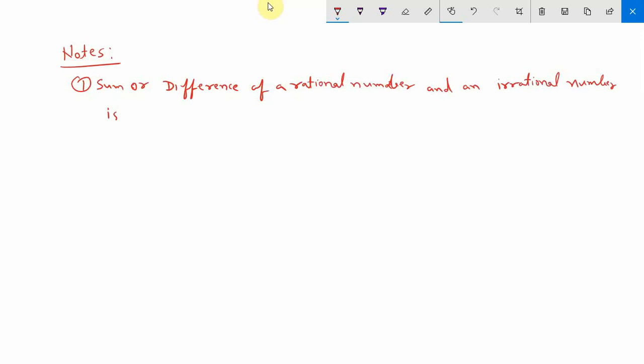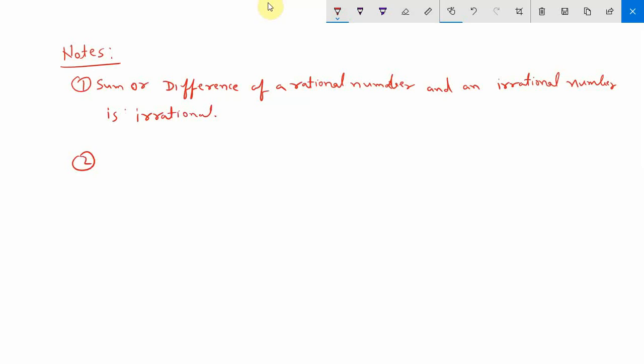That is, sum of rational and irrational number or difference of rational and irrational number is irrational.